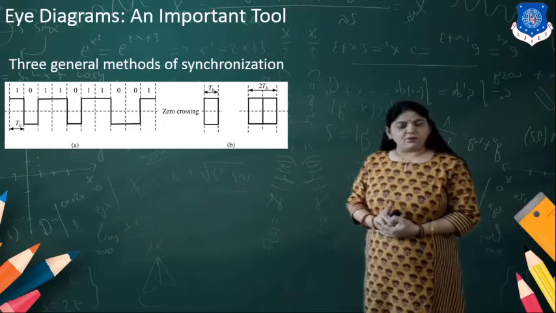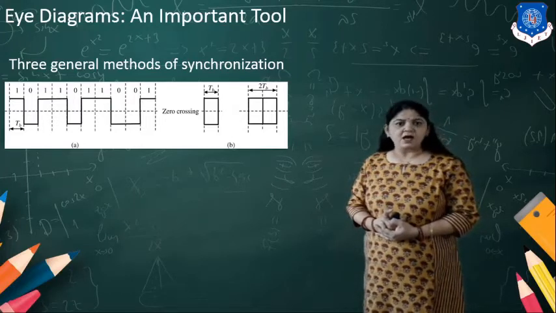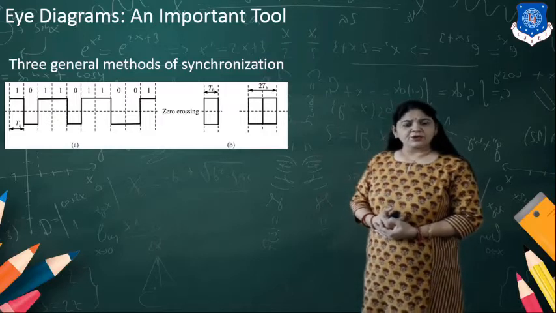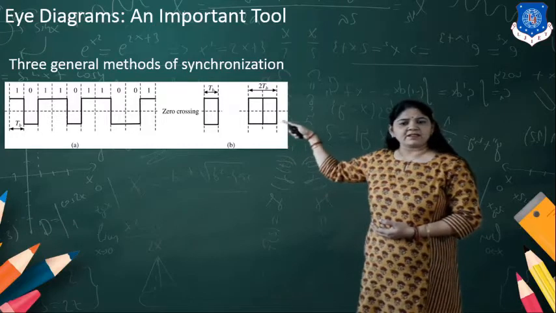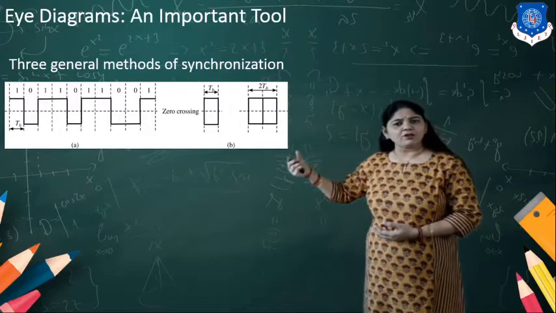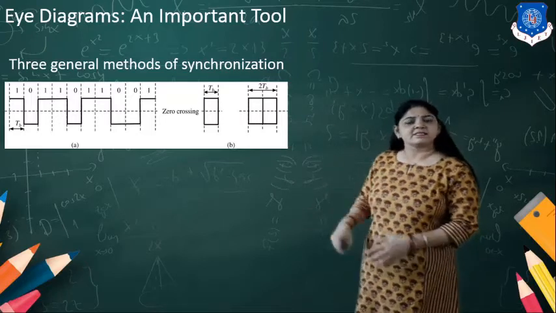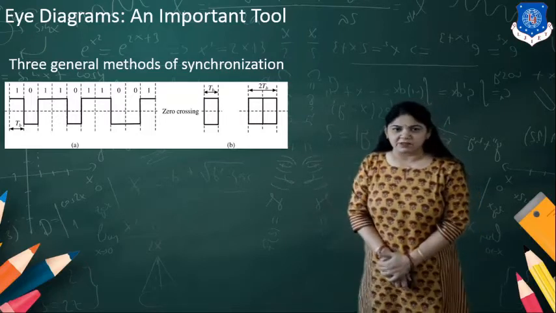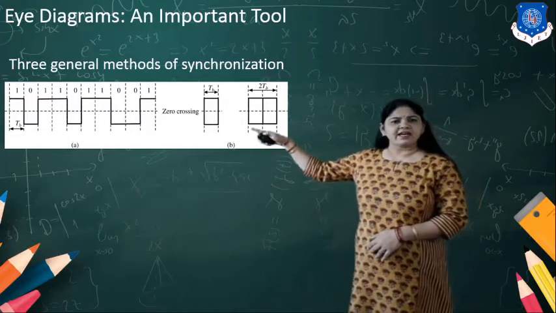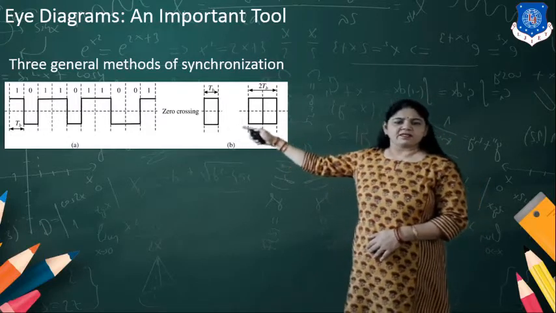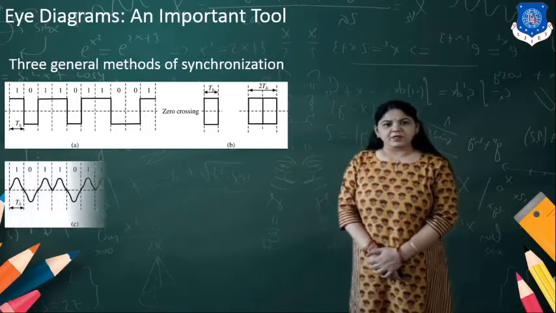Now, when we want to see all this data on the CRO, the horizontal part gives me the idea about the width of the pulse, and the vertical part is the amplitude of that pulse. You can see such a waveform on the CRO.